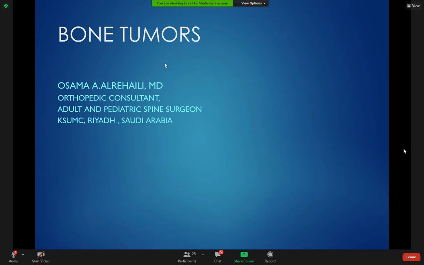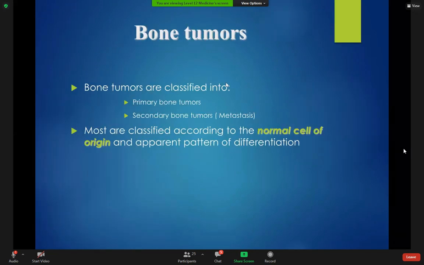We're going to start our second lecture, which is about bone tumors. Bone tumors are classified into primary bone tumors and secondary metastatic. The primary bone tumor can be benign or malignant, depending on the histopathology.